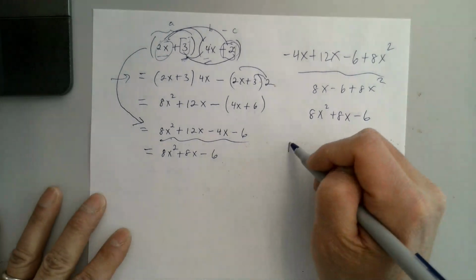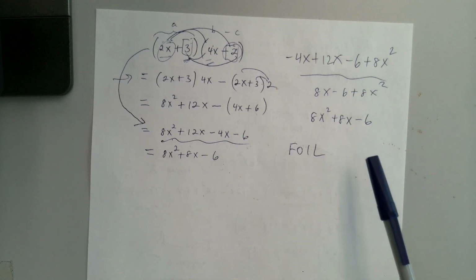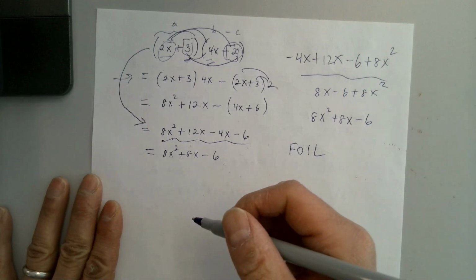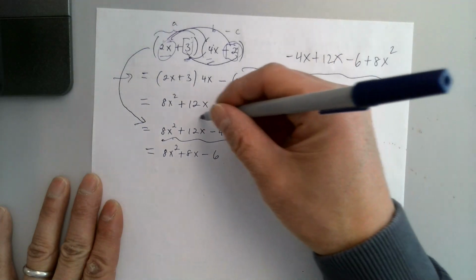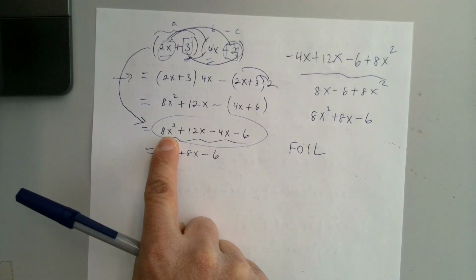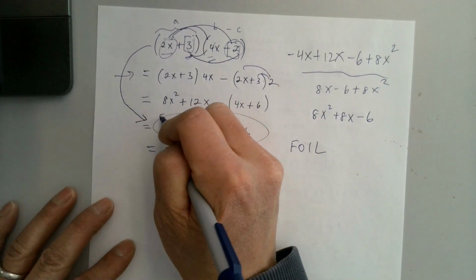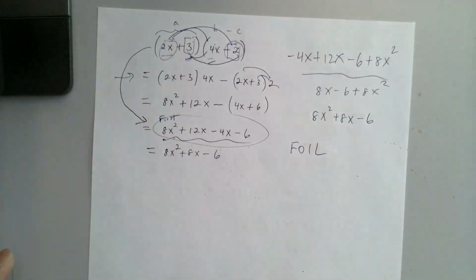Okay? What I just described, some books and teachers call this process FOIL, because this 8x squared is the product of the first terms, the 2 first terms in the parentheses.